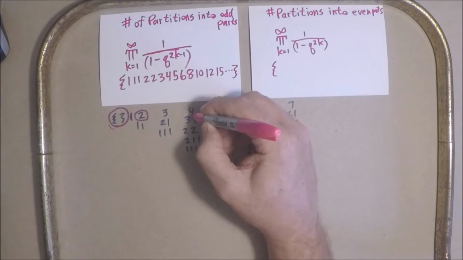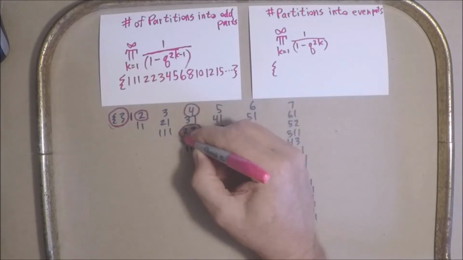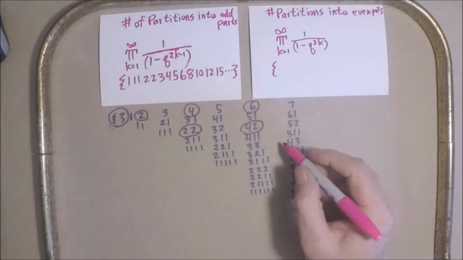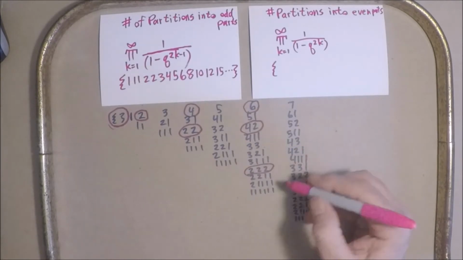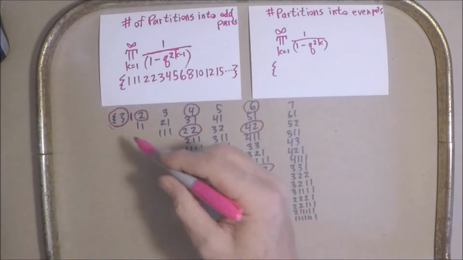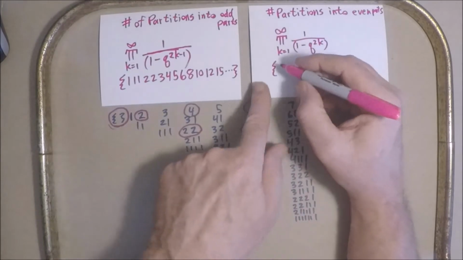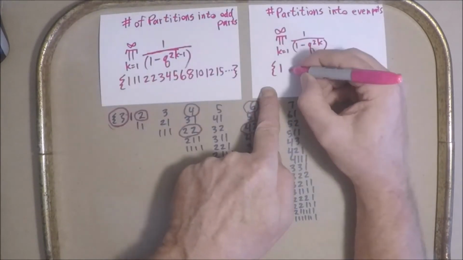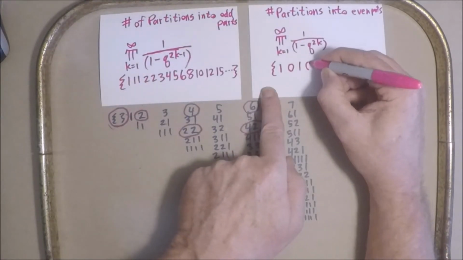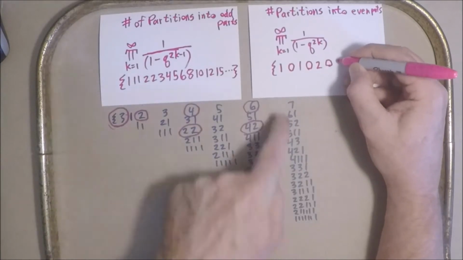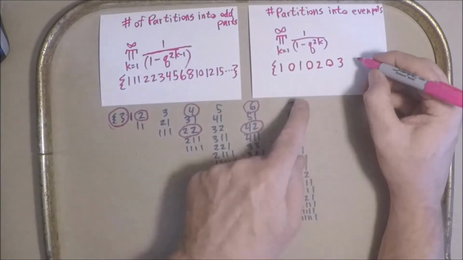For 4, we have 4 and 2, 2. For 6, we have 6 itself, 4, 2, nope, nope, nope, yep, no. 7, no. So this sequence is going to be starting 1, 0, 1, 0, 2, 0, 3, and 0.